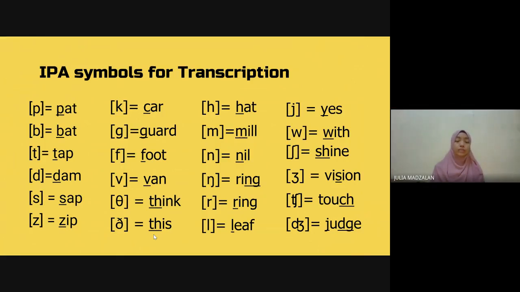D, contohnya dam. S, contohnya sap. Z, zip. K, car. G, god. F, food. V, van. The theta symbol, think. I know, kita selalu sebut, I think, it's annoying, I think I kill you. It's not think.